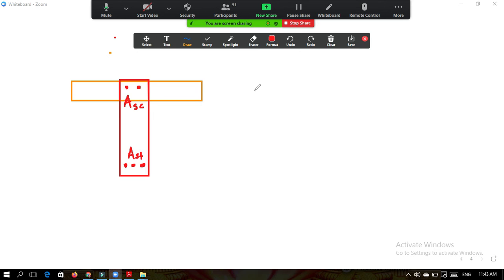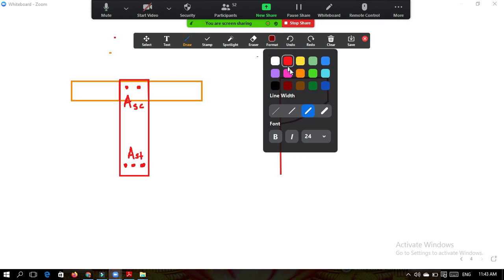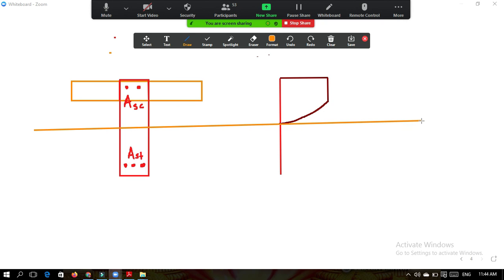Now if you draw the stress distribution diagram and I show you the forces, the stress distribution diagram is the same. Assume that somewhere here the neutral axis is passing. I will draw the line of the neutral axis. This is the neutral axis. I am not giving all the notations.